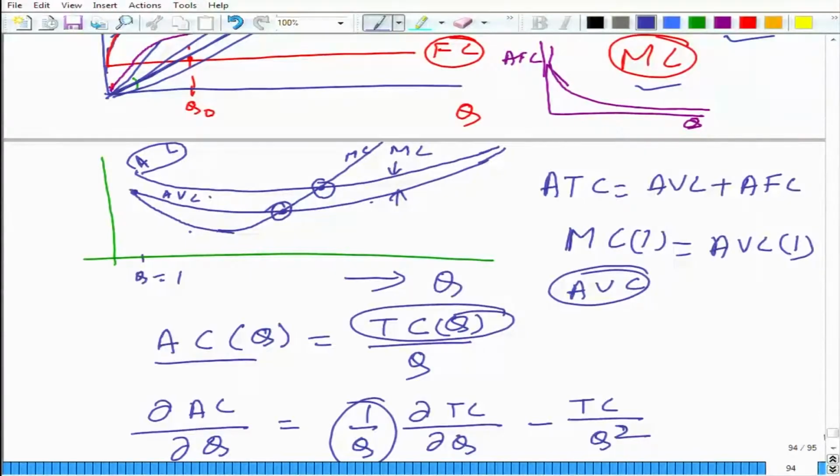For minimization, the MC curve should cut the average variable cost or average cost curve from below, which is opposite from what we had learned. But remember, there we were talking about maximizing productivity, here we are talking about minimizing cost. So, when we have minimization, the curve should cut from below, that is the second order condition.